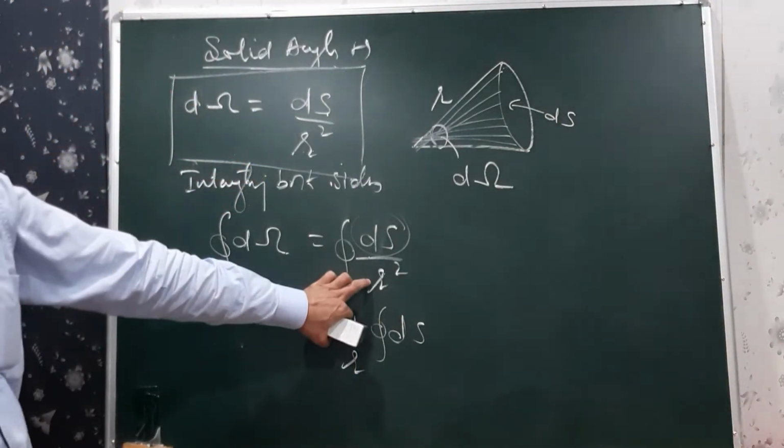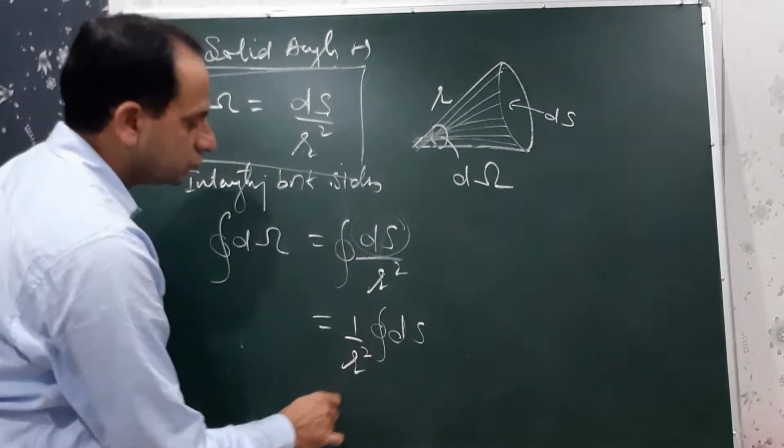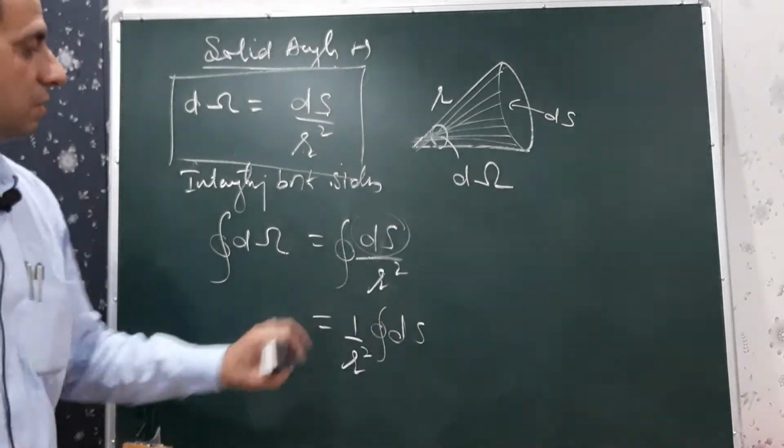Because r is constant, we may take it out of the integration, so r square is common and it is the integral of ds.